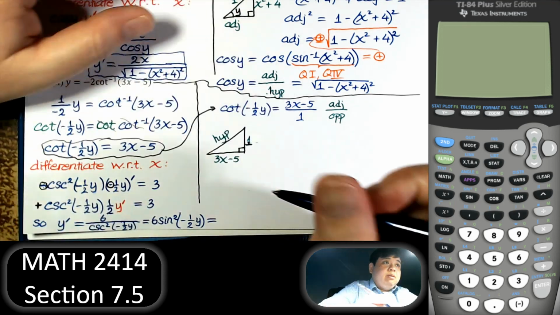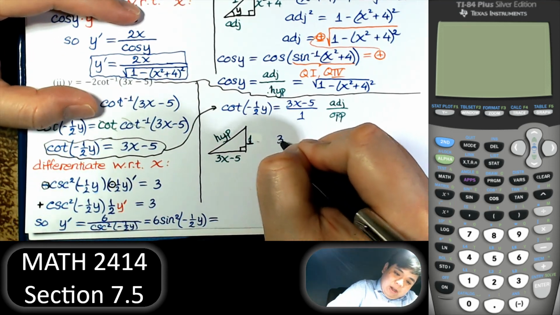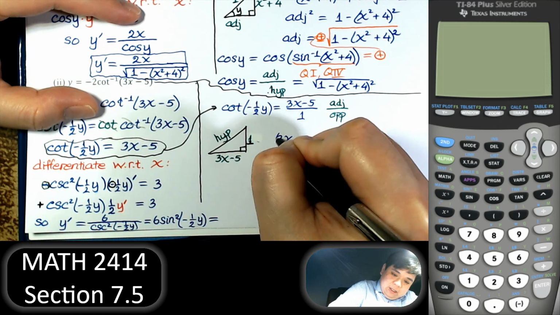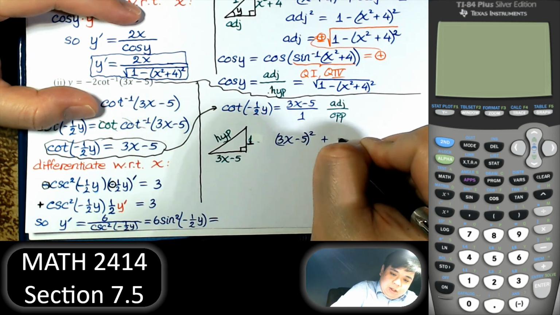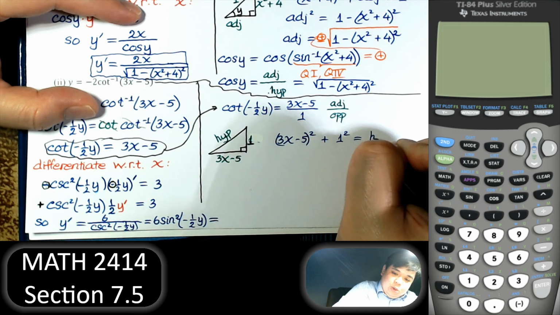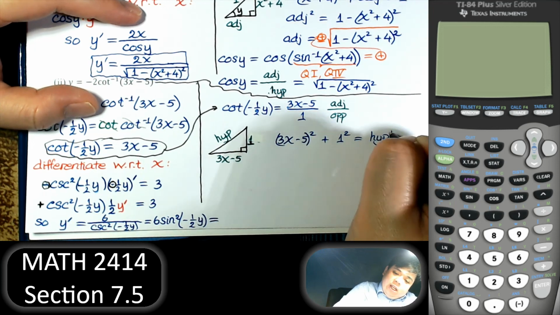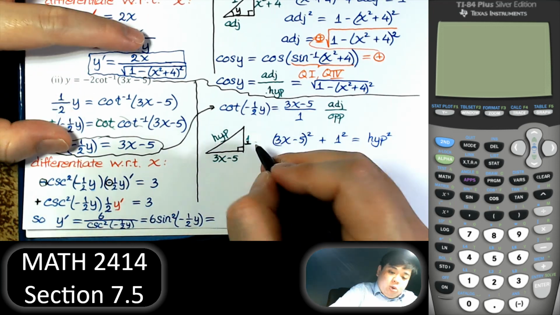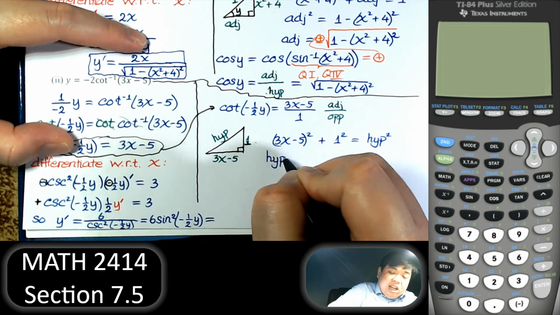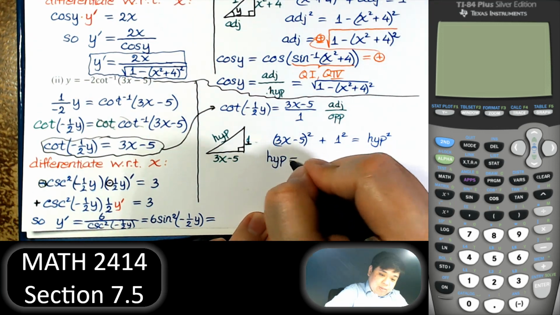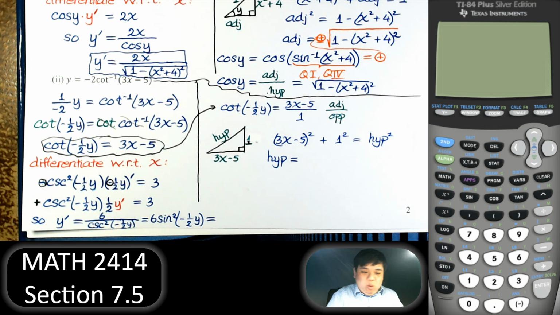So Pythagorean theorem, 3x minus 5 squared plus 1 squared equal to hypotenuse squared. The nice thing about hypotenuse is it's going to be positive. We don't have to worry about the positive and negative. If we use x, y, and r, x and y can be positive, can be negative, but r cannot be negative.